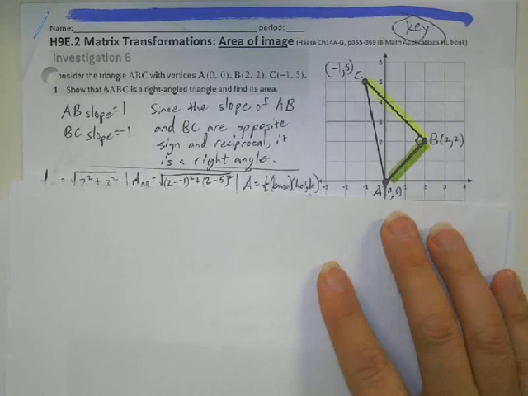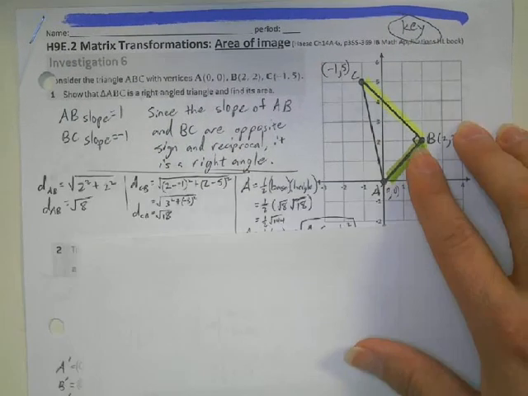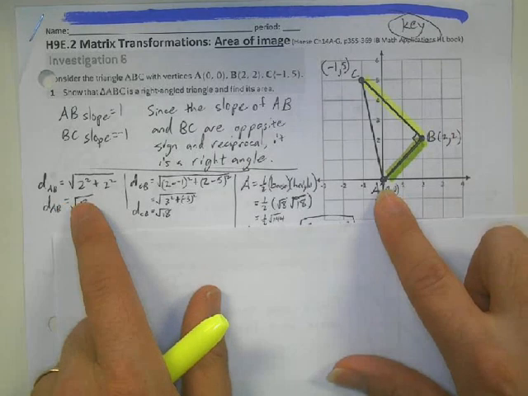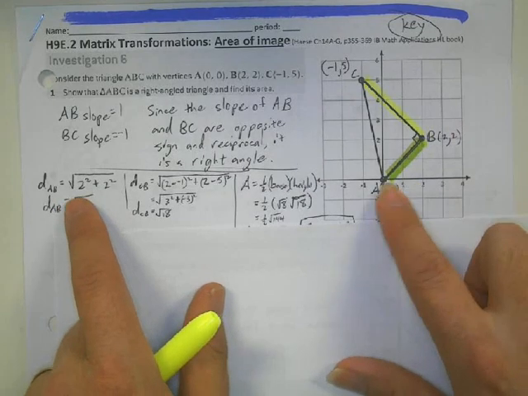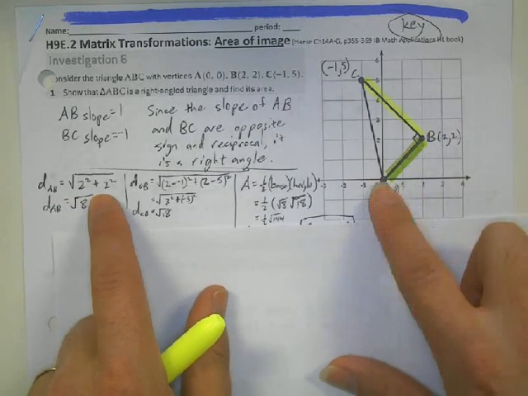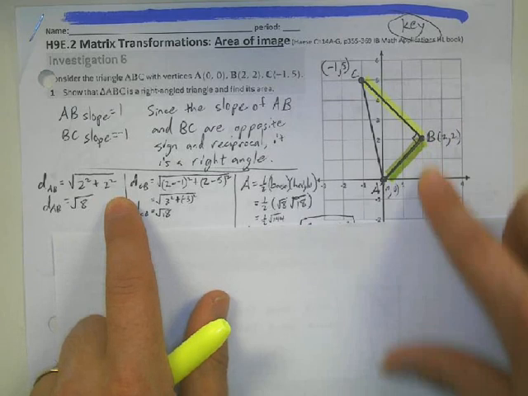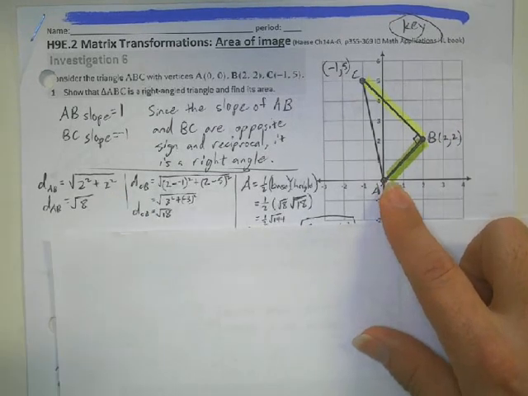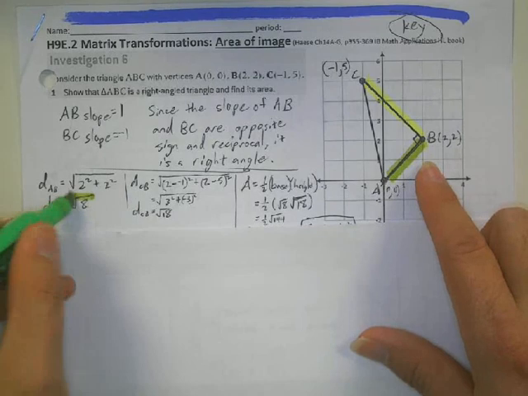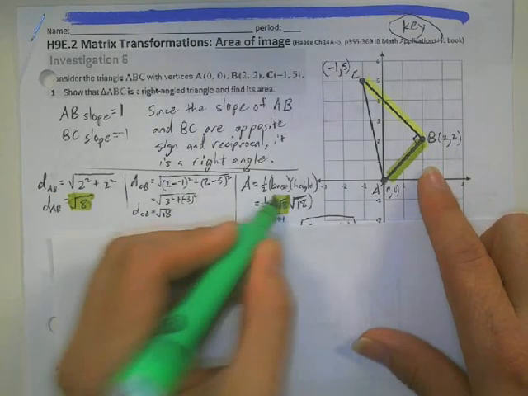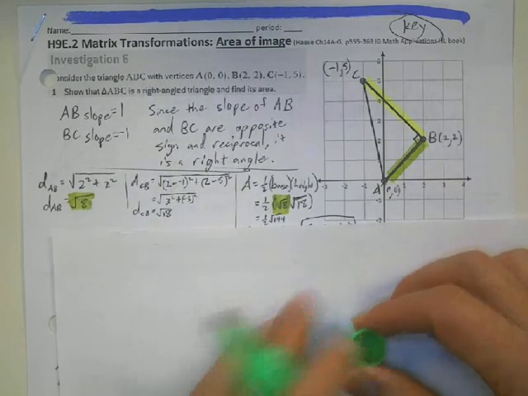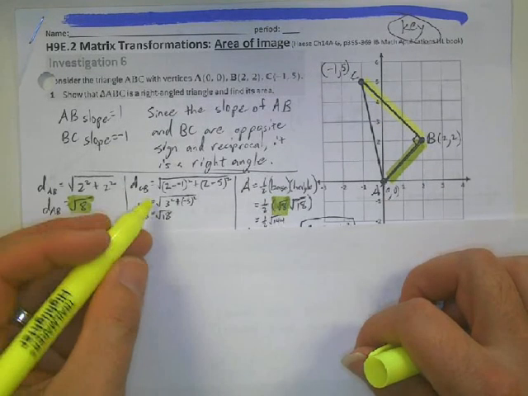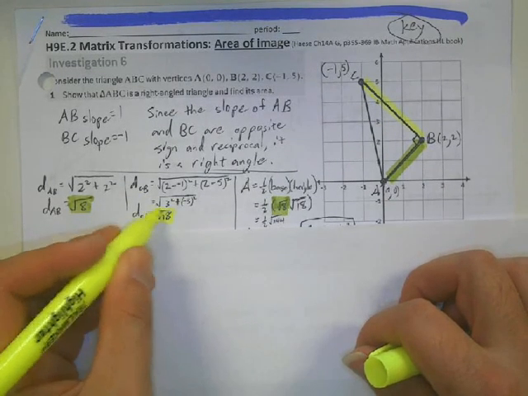To calculate that, the length from here to here is, I'm going to take the difference of the x values, which is 2, and the y values, which is 2. So this length right here is square root of 8. And the distance from here to here, using the distance formula, I end up with the square root of 18.